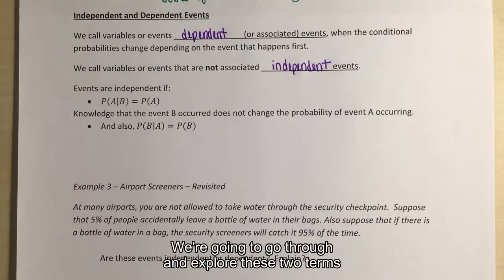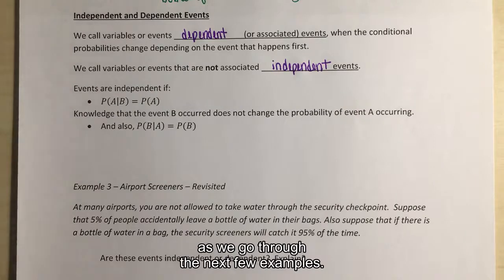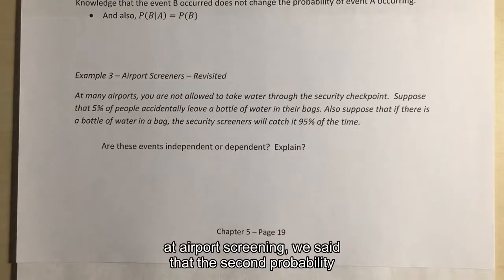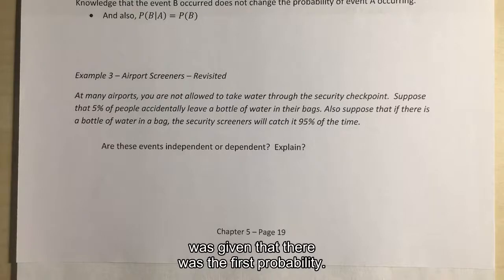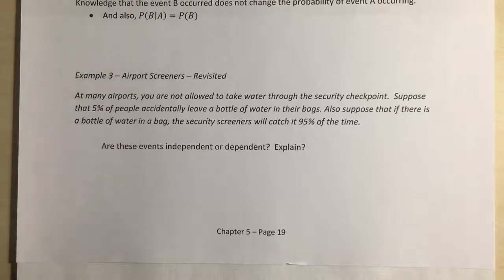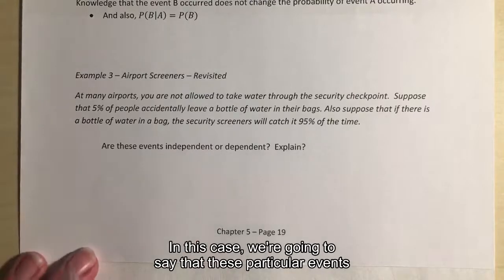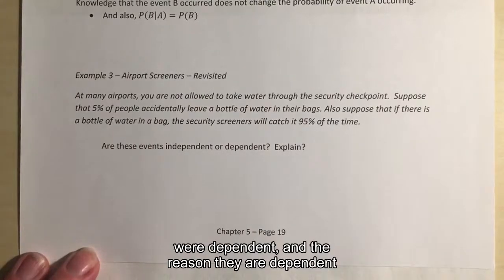So we're going to go through and kind of explore these two terms as we go through the next few examples. So if we go back to our previous problem where we were talking about our airport screening, we said that the second probability was given that there was the first probability. So in this case, we're going to say that these particular events were dependent.